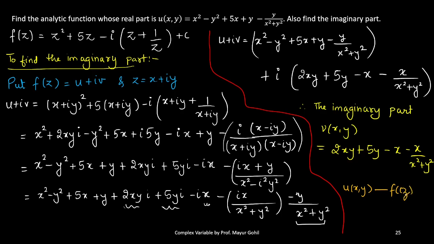The function f of z is to be calculated, and from f of z we calculate the imaginary part v of x comma y. So this is how the procedure is. You use the Milne-Thomson method, and then you do the substitution of z equals x plus iy and f of z equals u plus iv, you will get your answer.